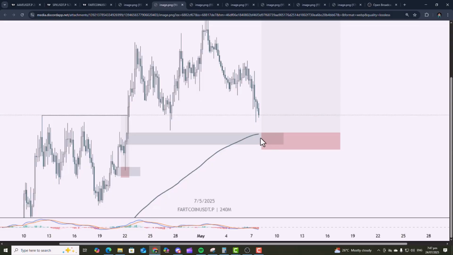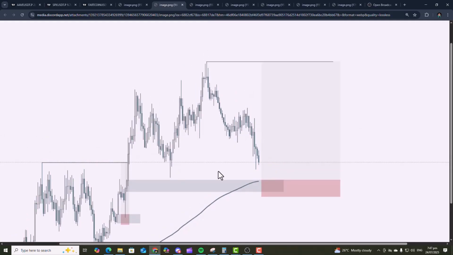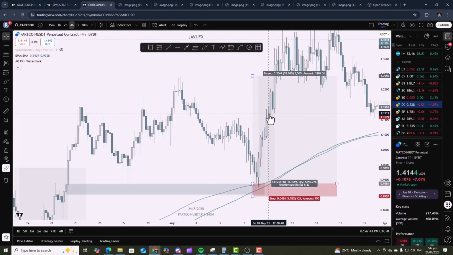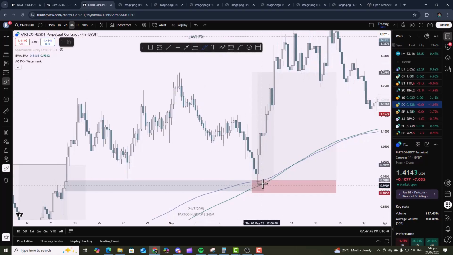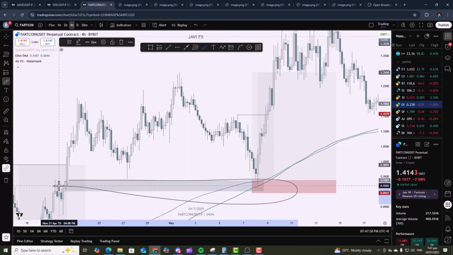May 9 or 8, I think. I gave this as a signal for the Discord, my Discord channel followers, and instant 8.42 RR trade, right? Very simple. Again, confluence. When used together, it's very powerful.